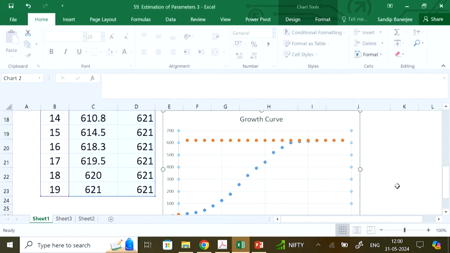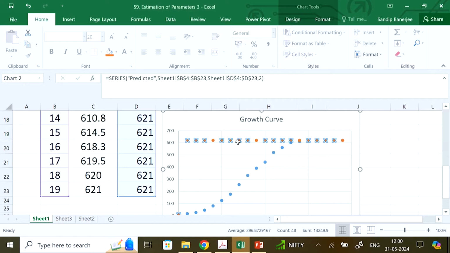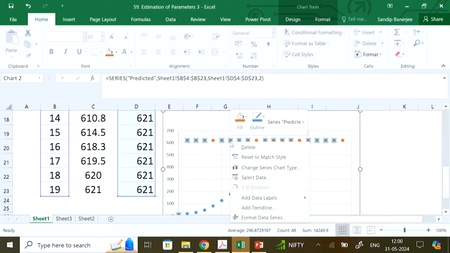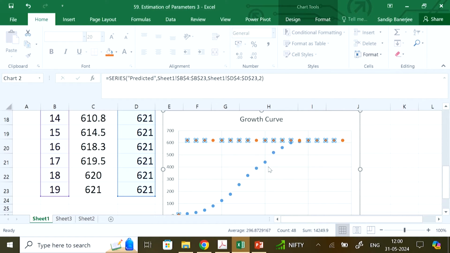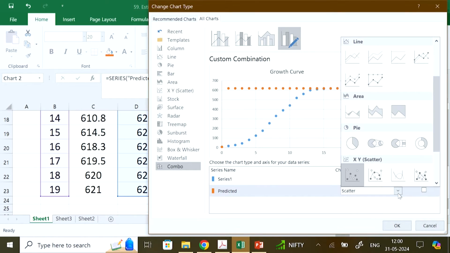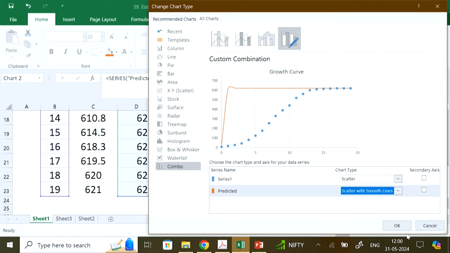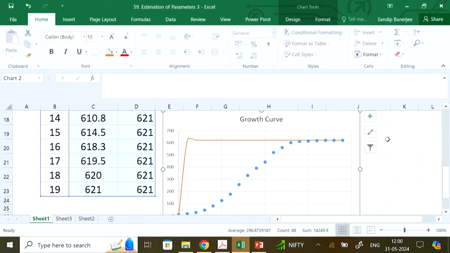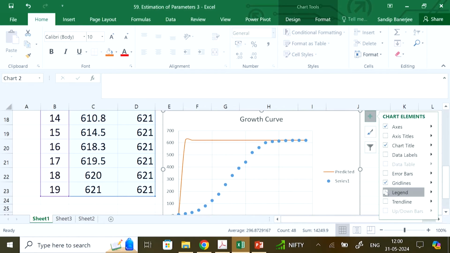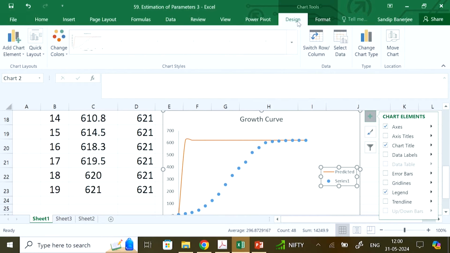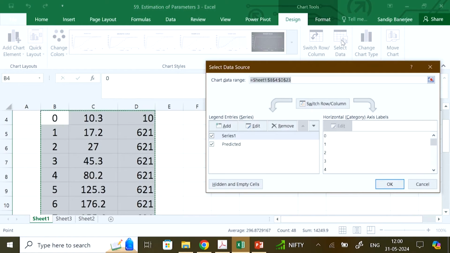Okay. So, let us make this a continuous line. So, change the chart type, the predicted one, to the continuous line. Open the legend, remove the grid lines, and this series 1, I rename it as data.